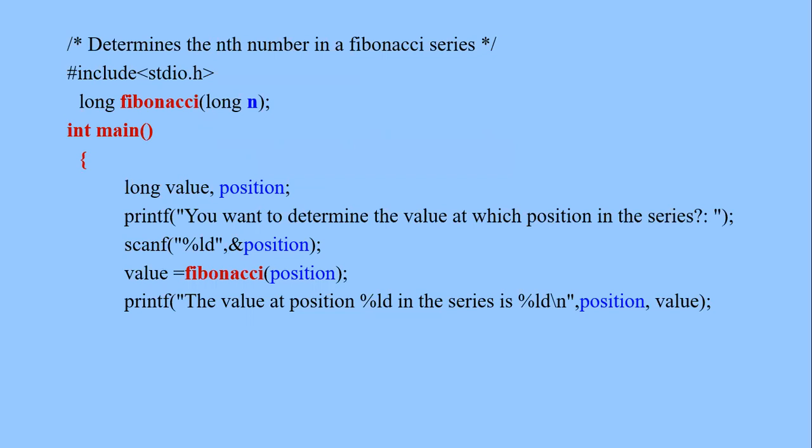And then the second percentage LD will pick the value stored in the memory location called value. Whatever is there, which is of type long, will be displayed at that position. And then the control will be taken back to the operating system through return 0, and the program will end.